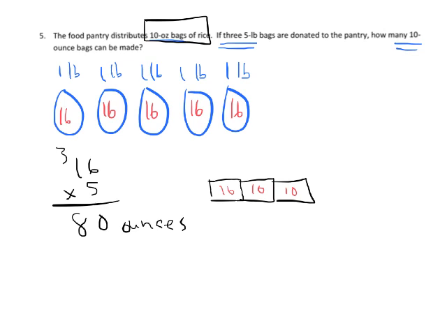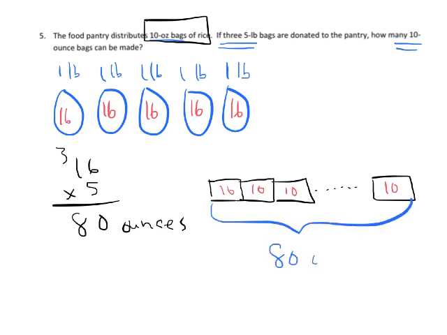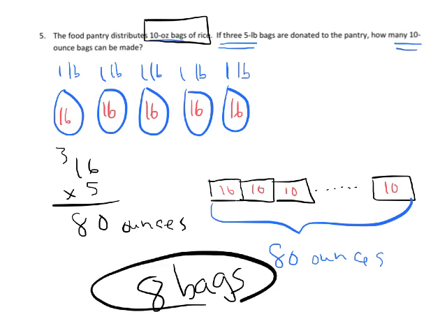And then the question is, how many tens are we going to need in order to make 80 ounces? And of course the answer is we need 8 of them. So they will be able to make 8 bags of rice. And so that's that answer.